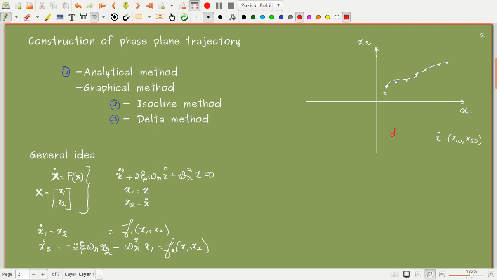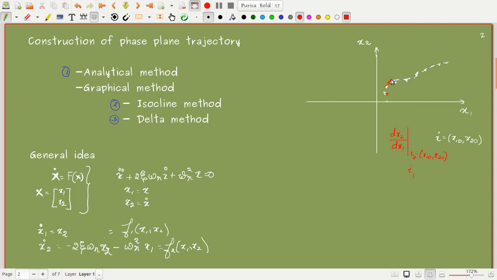It is dx2 by dx1, substituted at x10 and x20. We get the slope at this point, and we move a little bit in the direction of the slope and reach another point. If this is I0, we have got the next point I1.